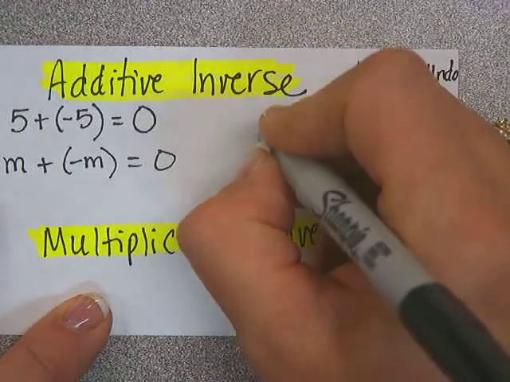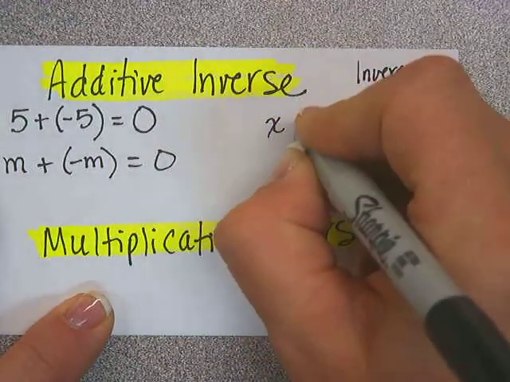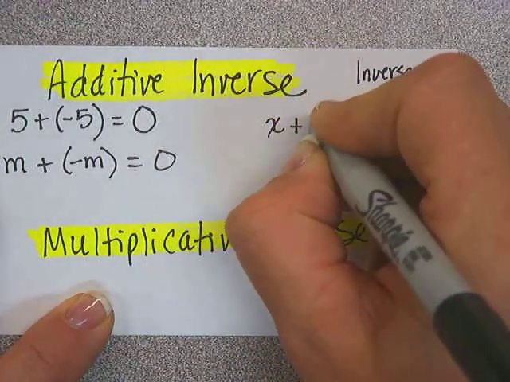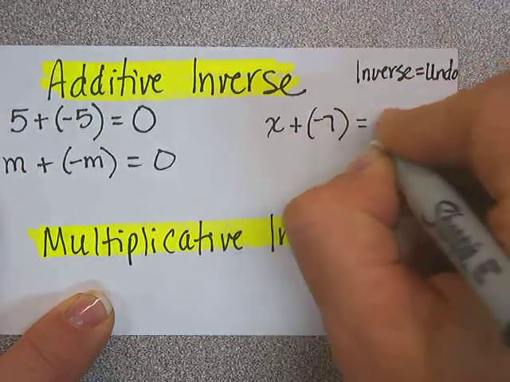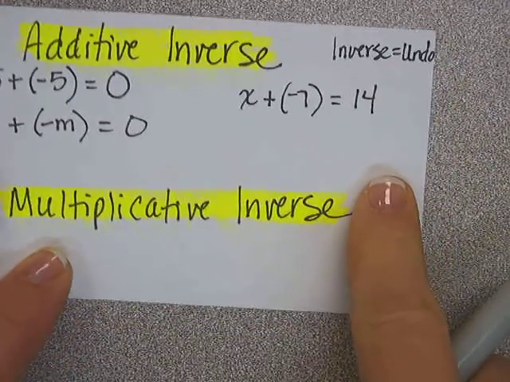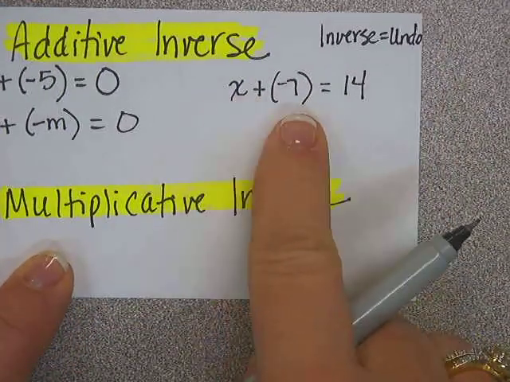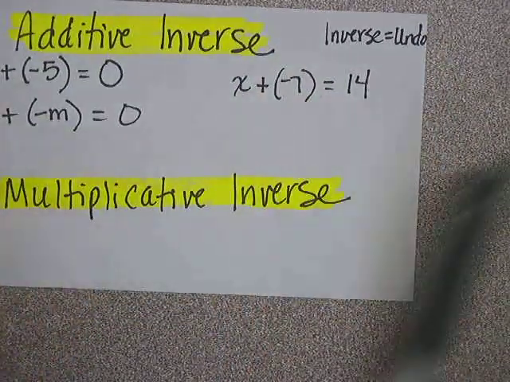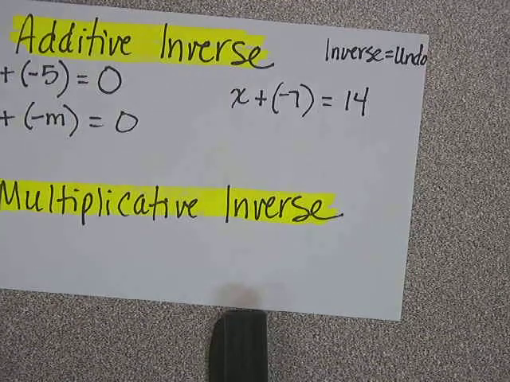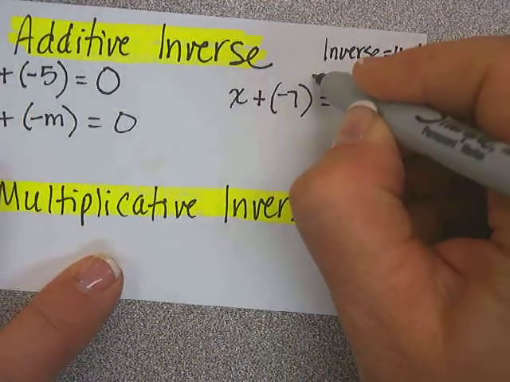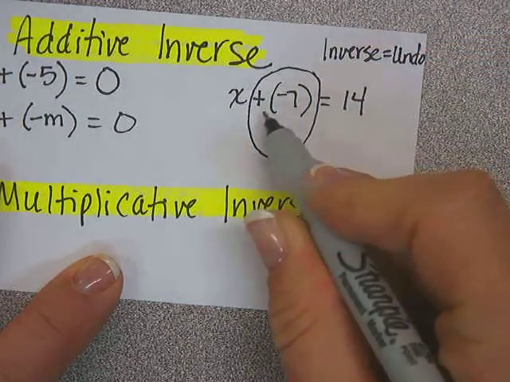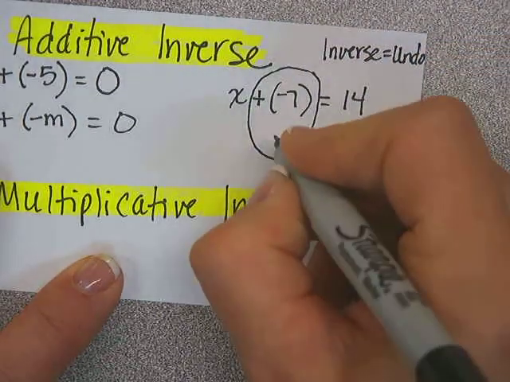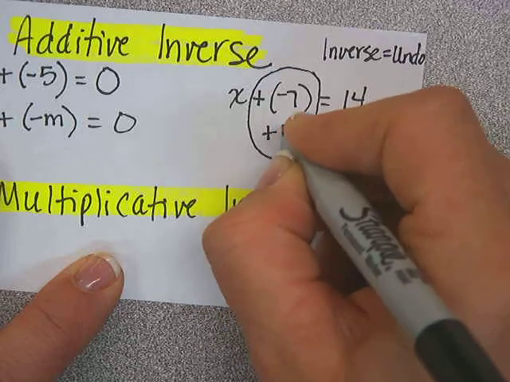Okay, so how do we think about this in a problem? If our problem is x plus negative 7 equals 14. Remember, when we solved equations like this, we wanted to think about what operation would undo adding negative 7. So we think of the additive inverse.